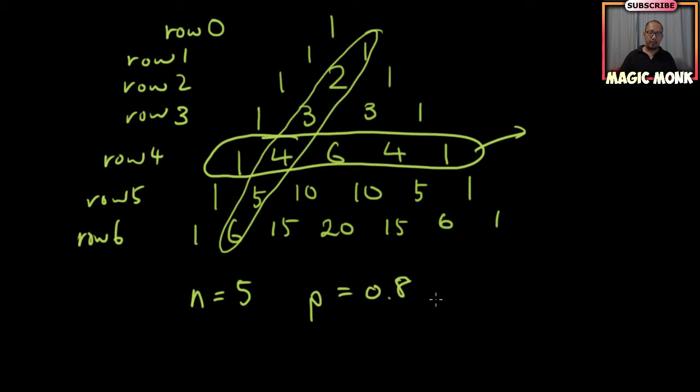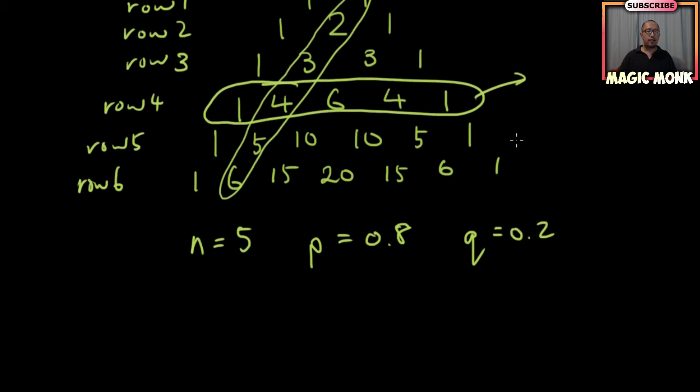Okay, let's say I'm an NBA basketball player shooting free throws, probability of success 0.8. Probability of failure is 0.2. Alright, so n is 5, that would be over here.